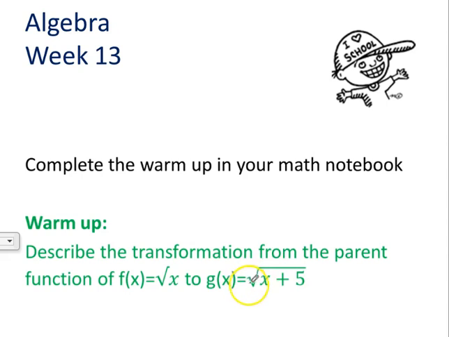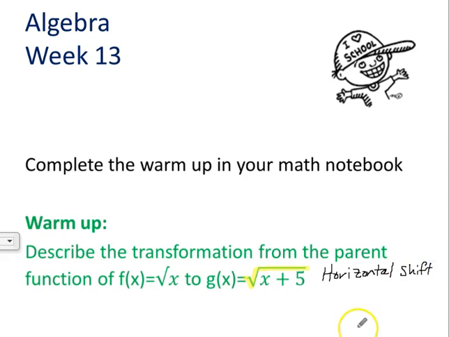All right, so what's a key thing to pay attention to is that we have the plus 5 underneath the square root sign. Since it's underneath the square root sign, we know that there is a horizontal shift.